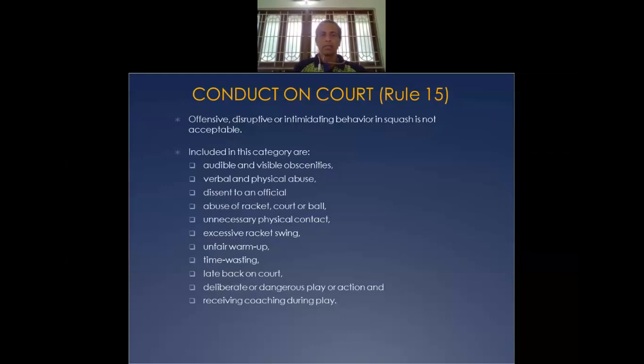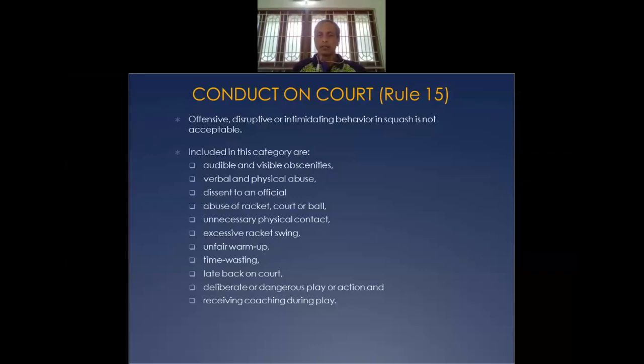Deliberate or dangerous play, of course, you'll be watching it, and it has to be checked immediately. Any dangerous play has to be a conduct stroke, minimum. If it is very dangerous, then a conduct match is also not bad. I wouldn't mind giving a conduct match because safety is our priority.